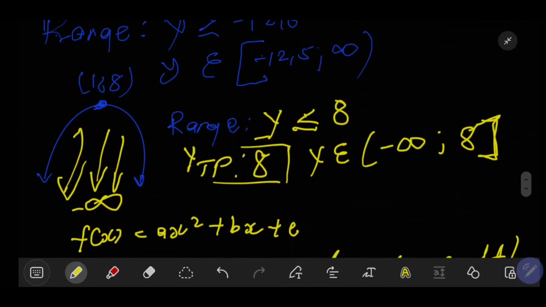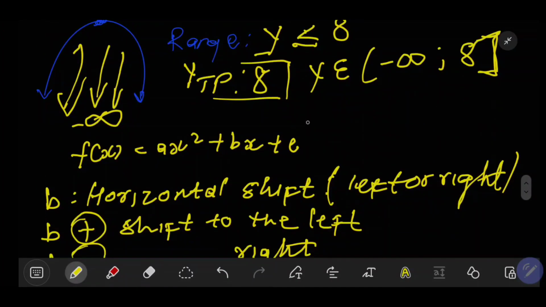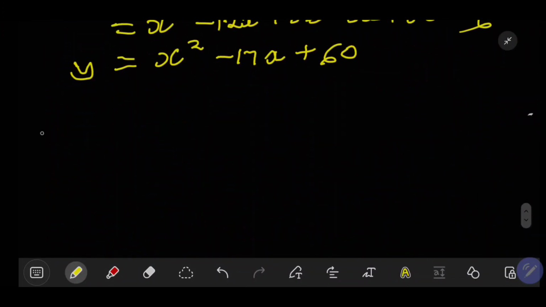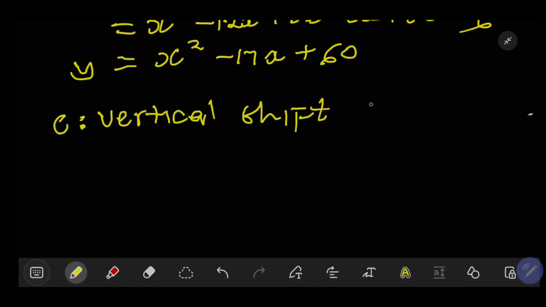And then when we go to C, again, C was working as our y-intercept. Also, C works as a vertical shift. When we speak of vertical shift, we talk of up or down. So this is responsible for vertical shifting.